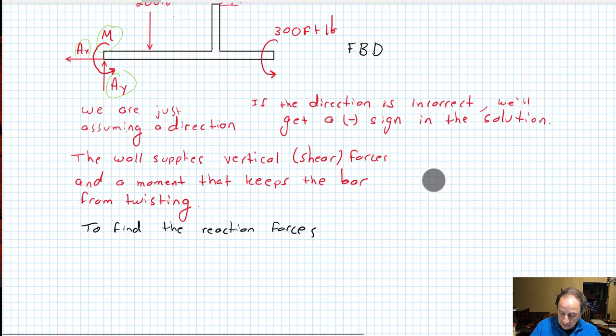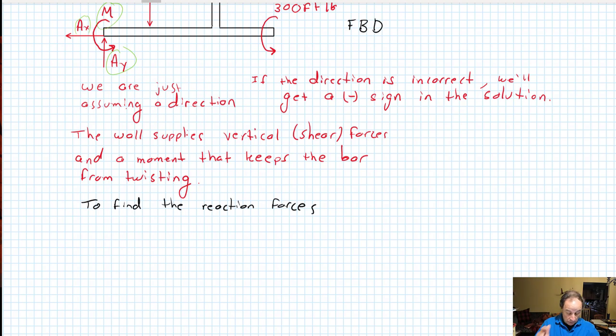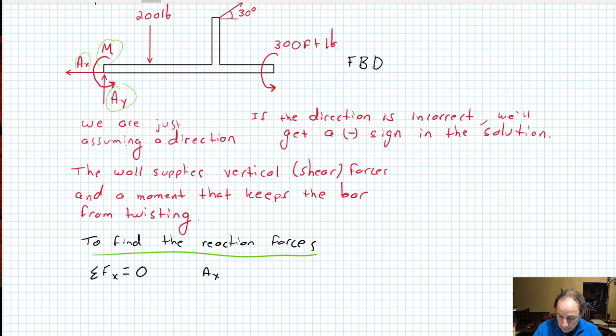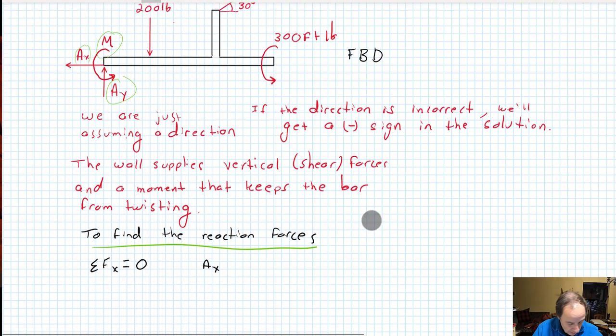So now to find the reaction forces, I'm going to follow our same procedure. Sum of the forces in the x direction have to equal 0. So AX has to equal the x component of that 100-pound force.